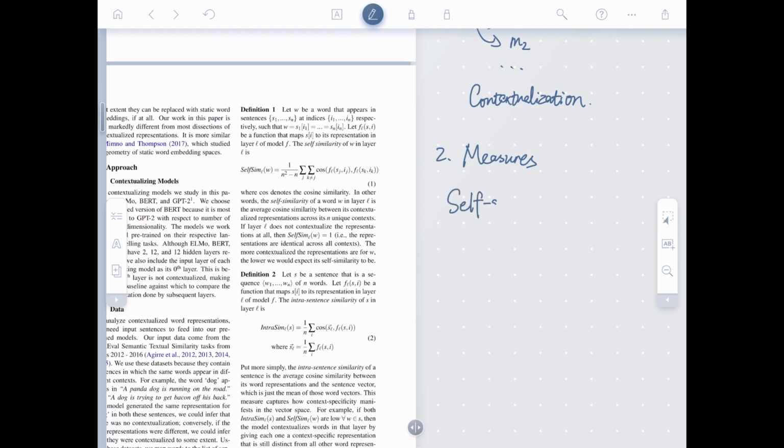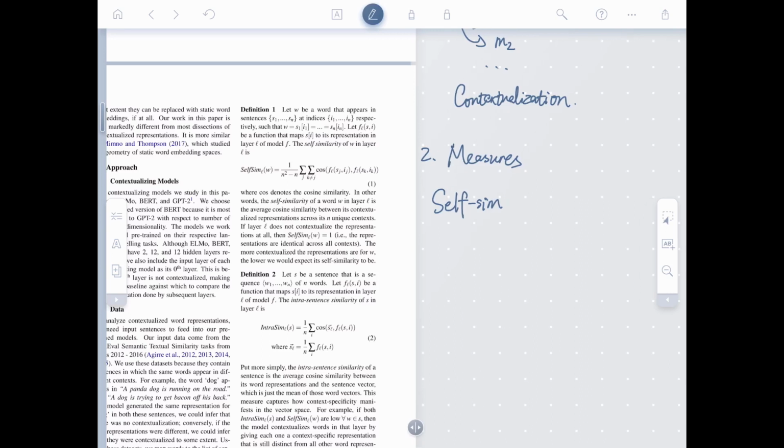Self-similarity is the average of the cosine similarity of the meaning of the words, each word occurring in different contexts. Let's say a word occurs in n sentences, S1 all the way to Sn.